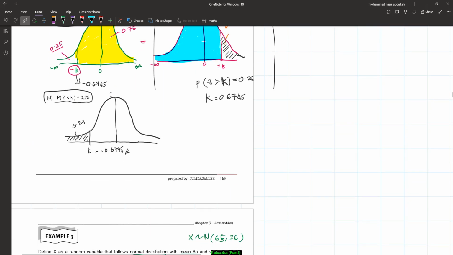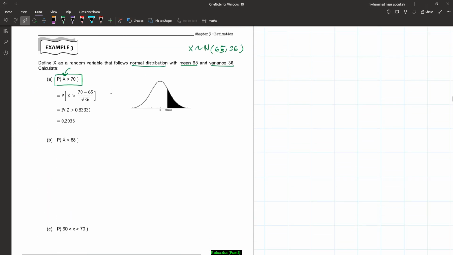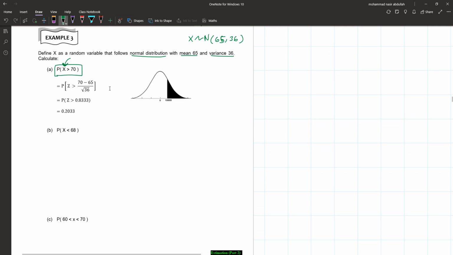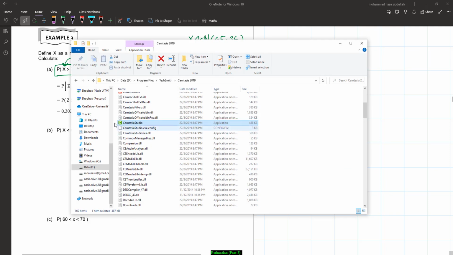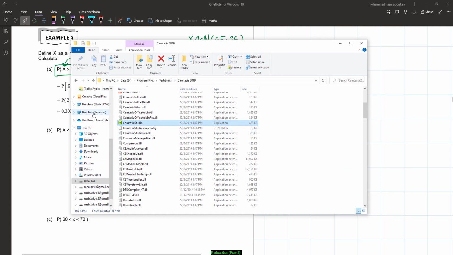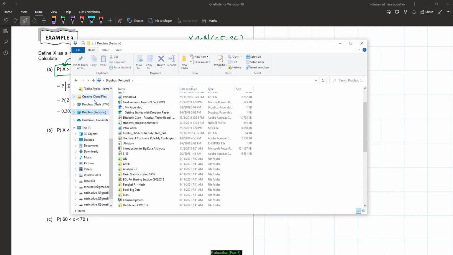Z represents the standard normal distribution. Now we have the symbol x, which represents a normal distribution, so it's not a standard normal distribution. In our statistical table, they give us the values of the standard normal distribution.